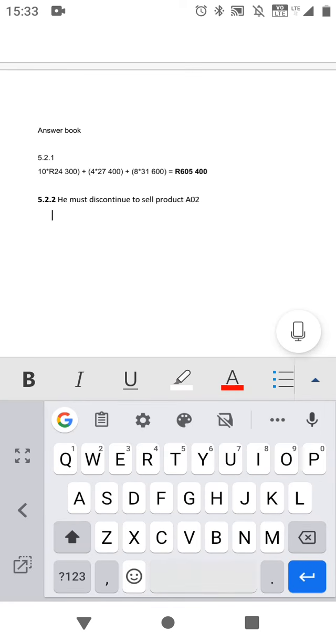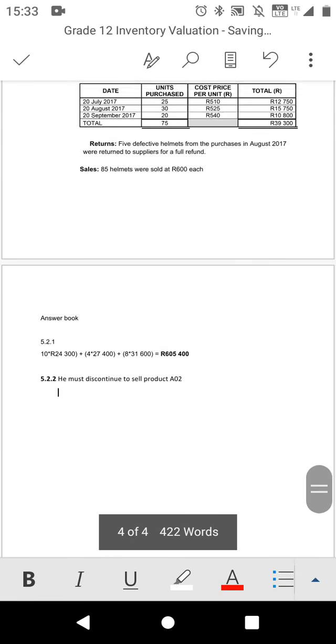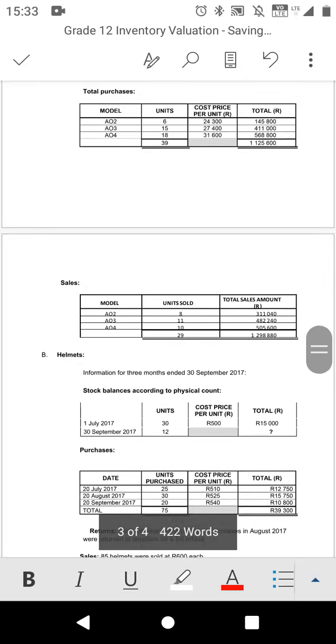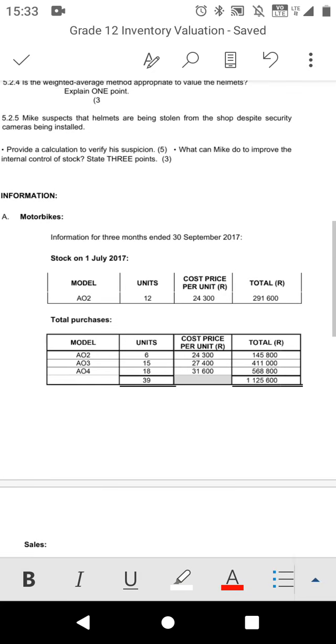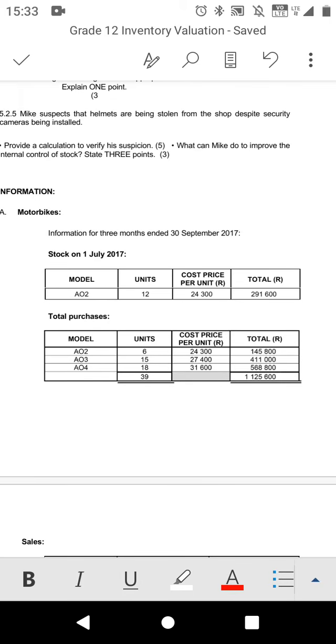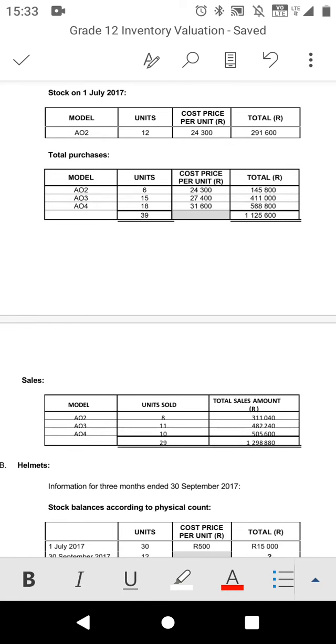Alright, then let's go to another product, A3. A3, we didn't have anything at the beginning. Then we purchased 15 during the year and we sold 11. This is very good, which means that customers are happy with A3.